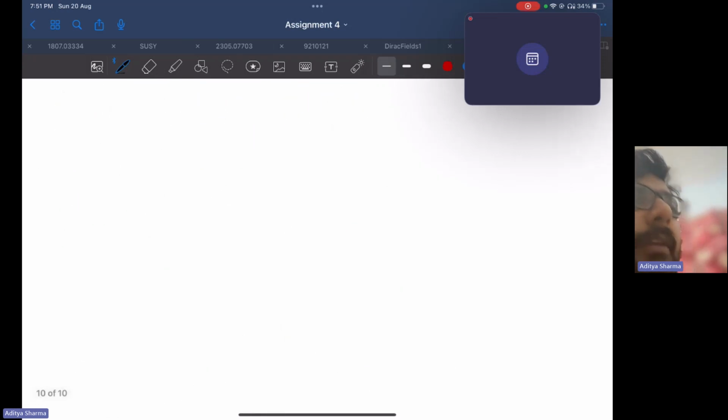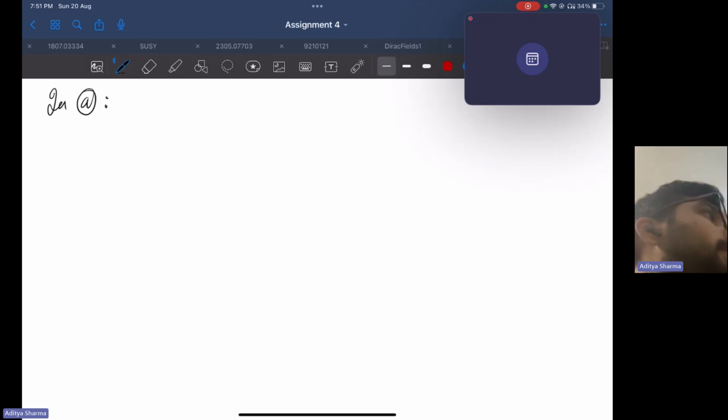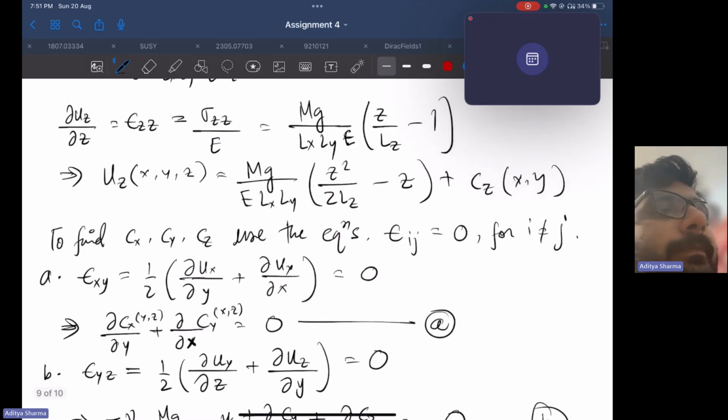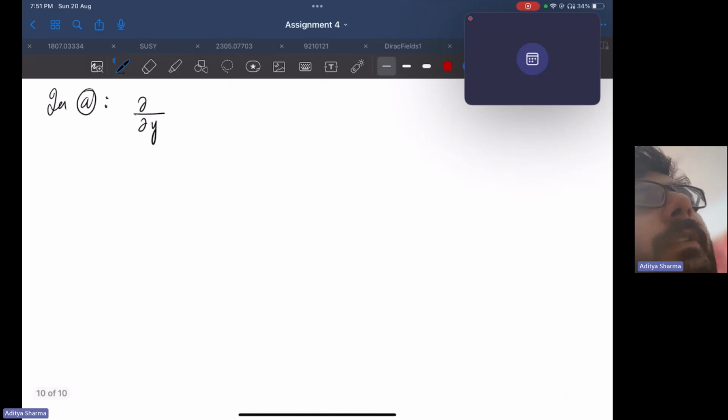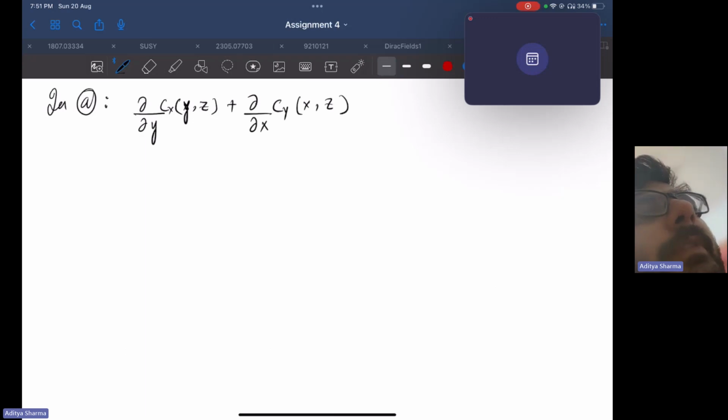So in A, which is the equation, del y Cx,xz, Cx,yz, double x, Cx,xz is equal to 0. What is the most general C which will satisfy this?